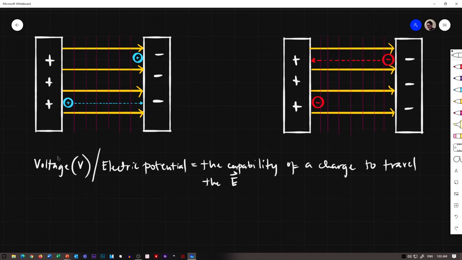Okay, so this is the definition of the potential in its name. Alright, kumbaga kakayanan, no? The potential, the capability, of a charge to travel the electric field. I will be explaining it through the illustration that you can see above.